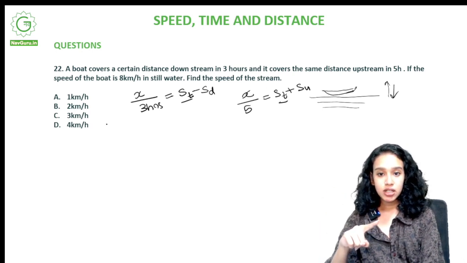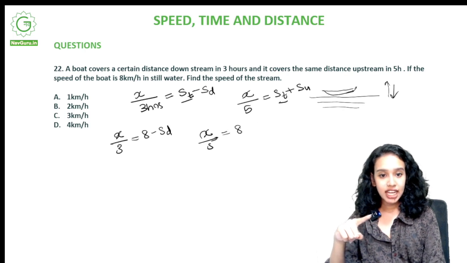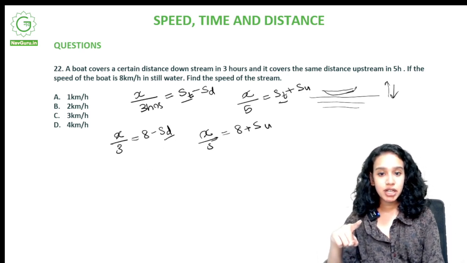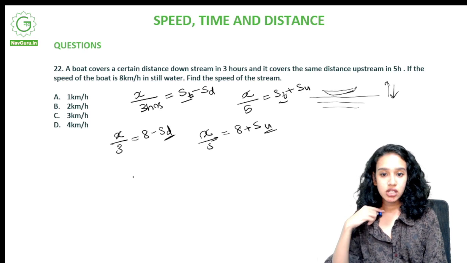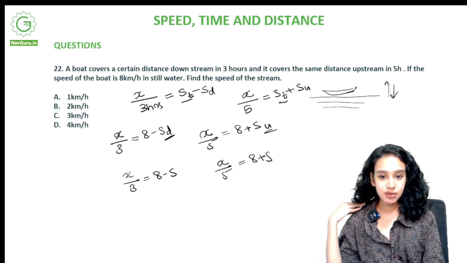is given. So we have X by 3 is equal to 8 minus SD, and X by 5 is equal to 8 plus SU, right? We have to find the speed of the stream. So we have X by 3 is equal to 8 minus S, and X by 5 is equal to 8 plus S, right?